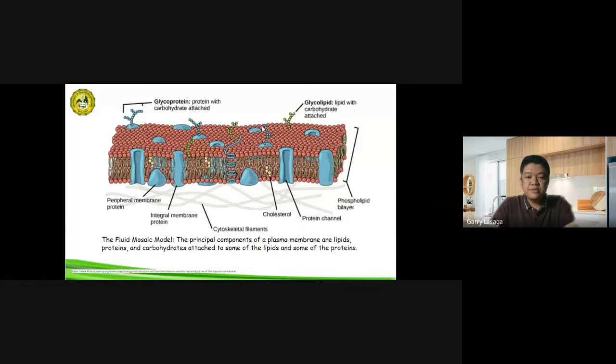There are also proteins that are found attached to our cell membrane. We also have the glycoproteins. When we say glycoproteins, these are proteins that are attached to carbohydrates. We also have the glycolipids. These are lipid molecules that are attached to carbohydrates. And within the cell membrane, we also have cholesterol molecules.